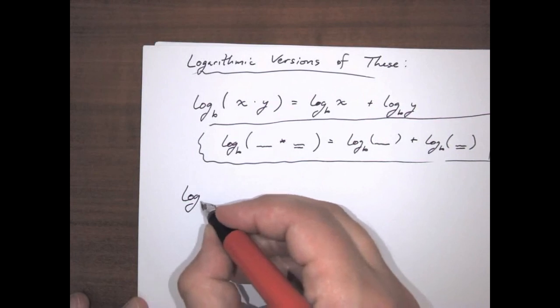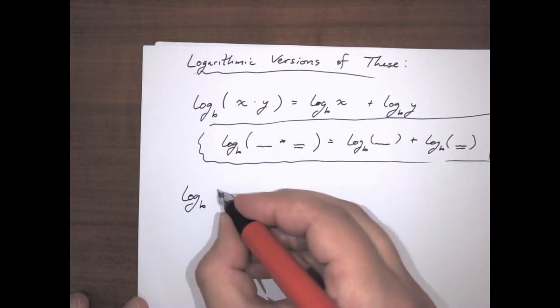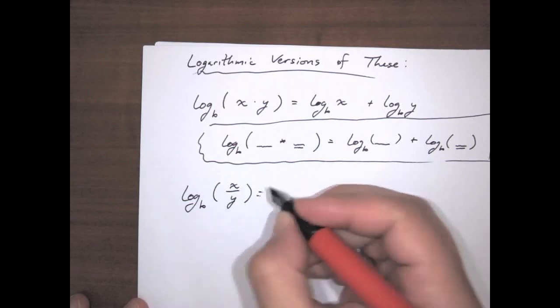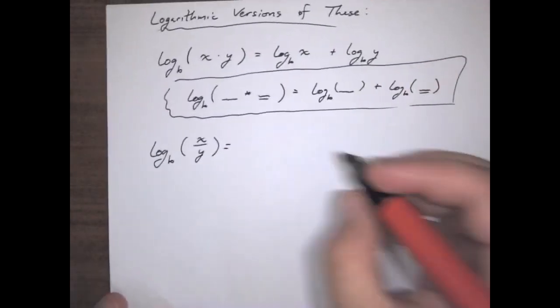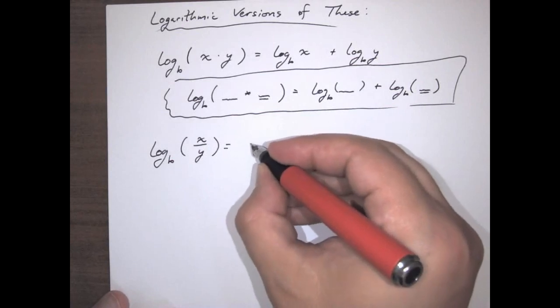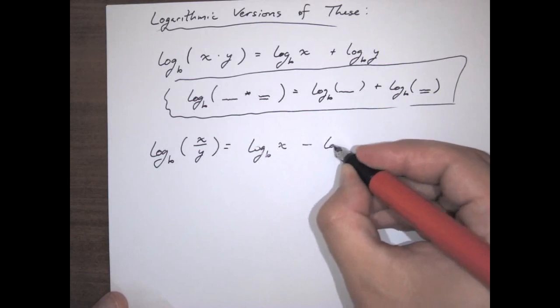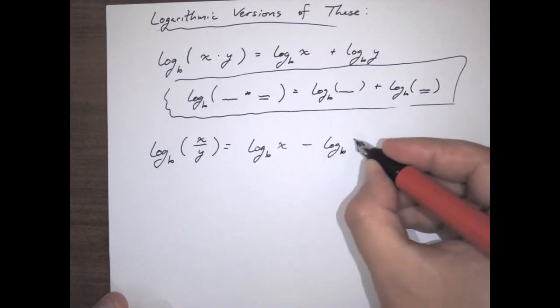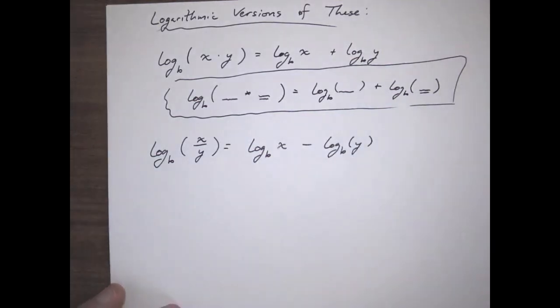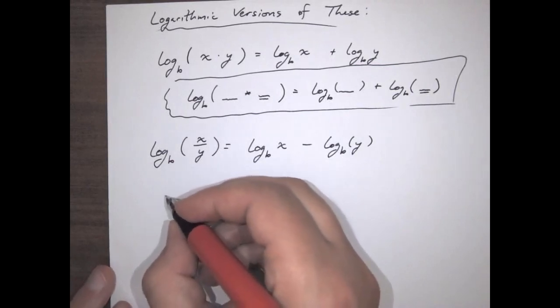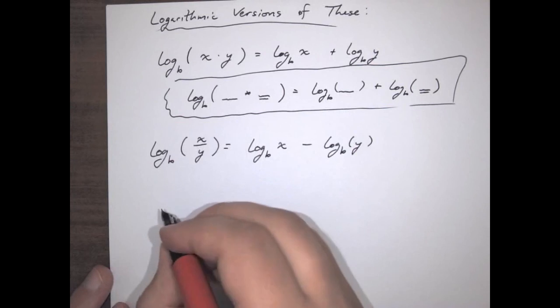Similarly, the log base b of x divided by y, well, that's the same as the log base b of x minus the log base b of y. And then, so that corresponds with the subtraction side of things.